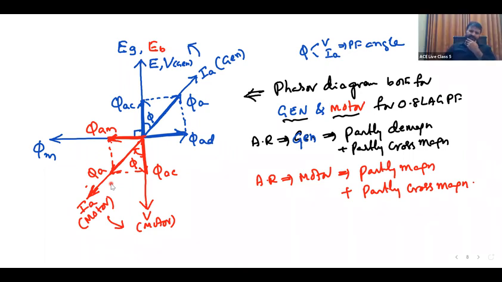Why? Because loads are inductive in nature. When would capacitive come into the picture? That is very rare. Capacitive loads, where will you use them practically? Never. Mostly inductive loads; capacitive is very rare.